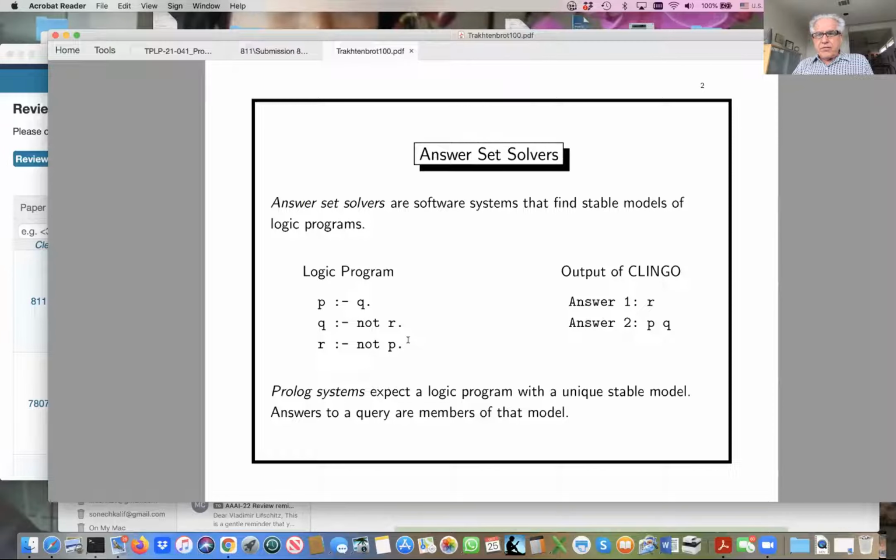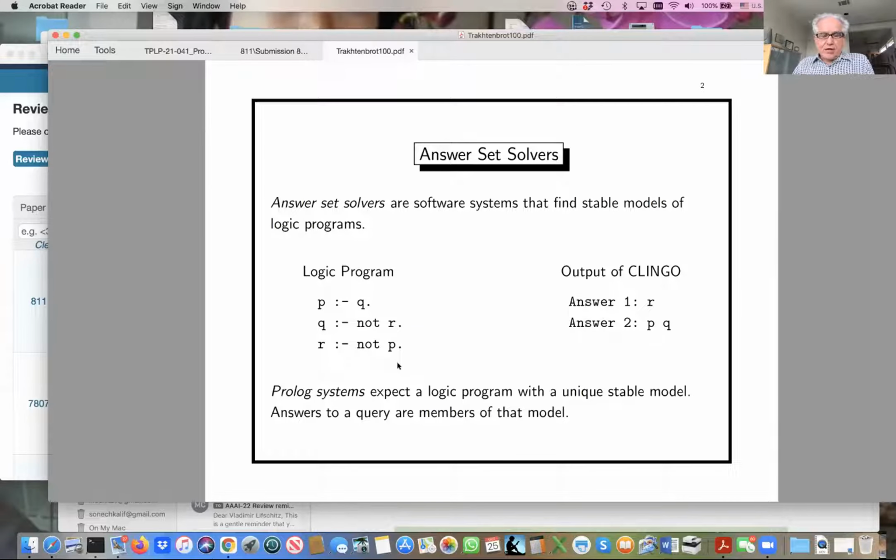To compare the operation of answer set solvers with operation of prolog systems, I can say, first of all, that a traditional prolog system expects a logic program with a unique stable model. So this particular program would not be a good input for prolog. If you give it to prolog, it will loop infinitely.